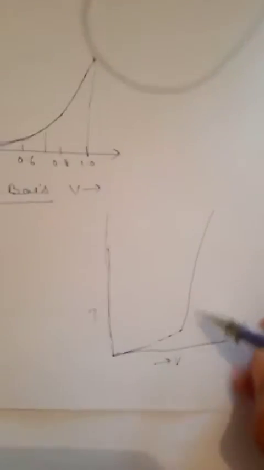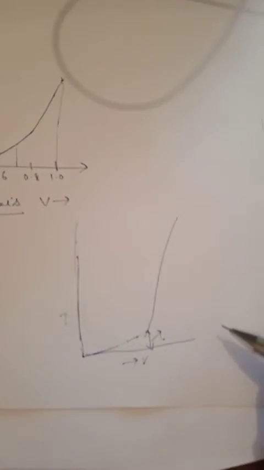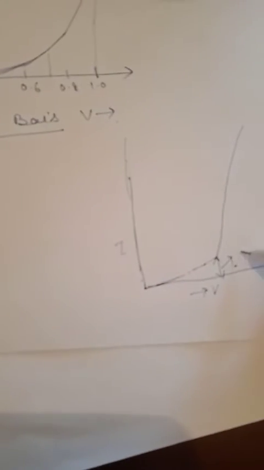This voltage is called the breakdown voltage, or also the Zener voltage.